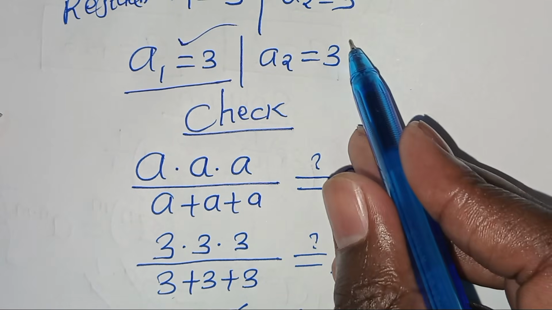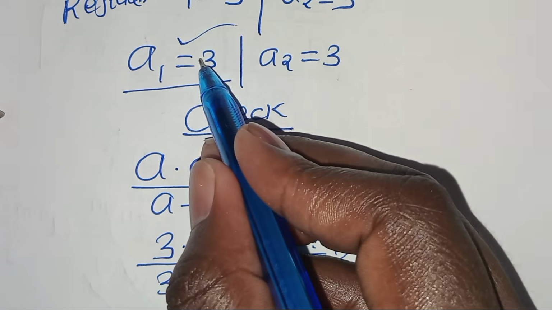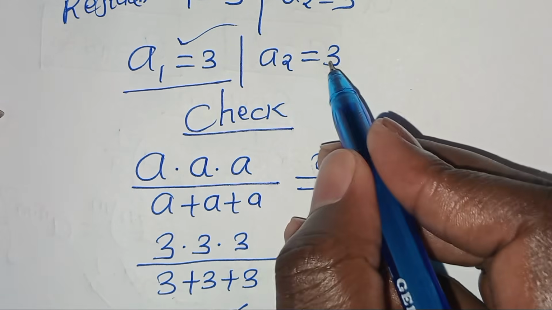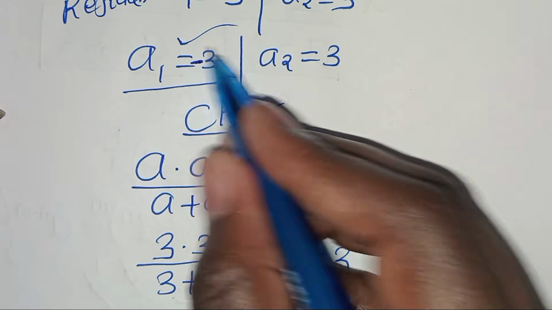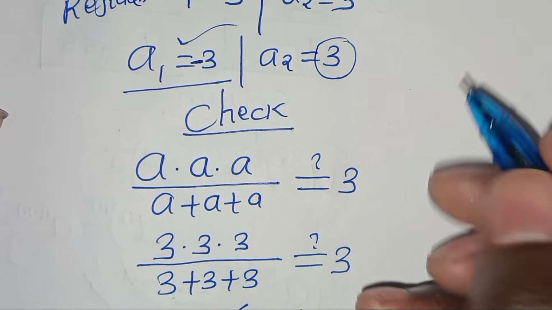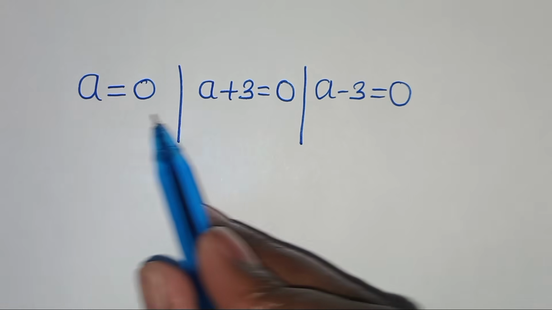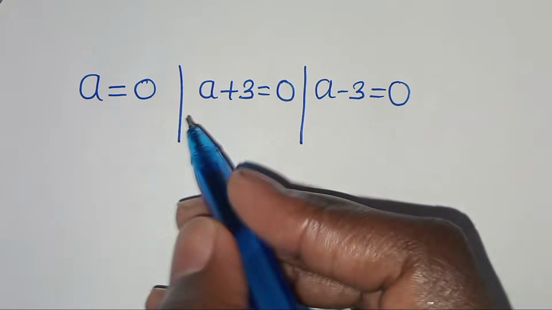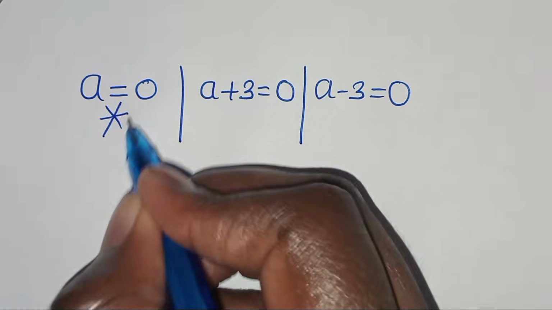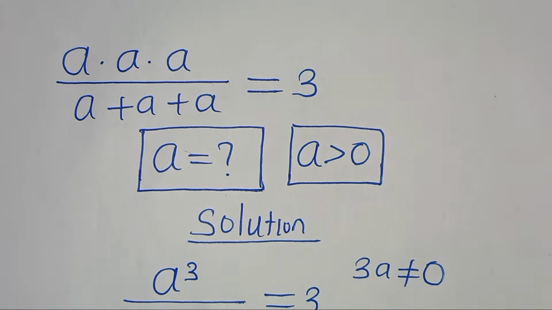Let's check a2. a1 should be minus 3, a2 is 3. Now here we have three cases. We have a is equal to 0. This case should be rejected because a is greater than 0.